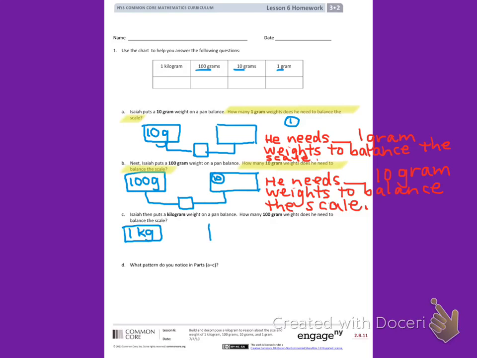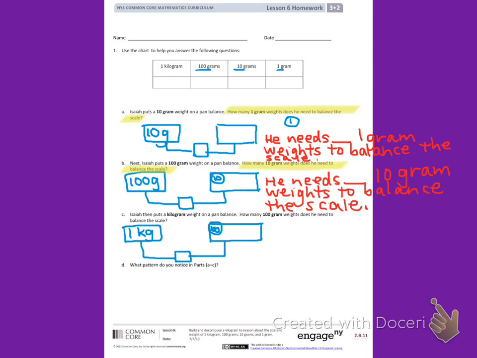And on this side of the pan, he's going to use 100-gram weights in order to balance the scale. So inside of these circles this time, you will write the number 100. And you just keep counting by hundreds until you get to a kilogram.